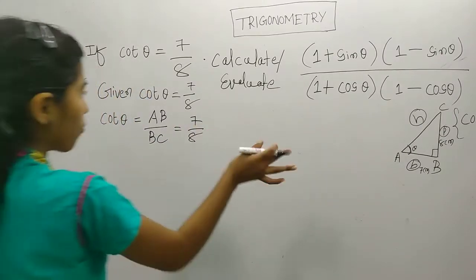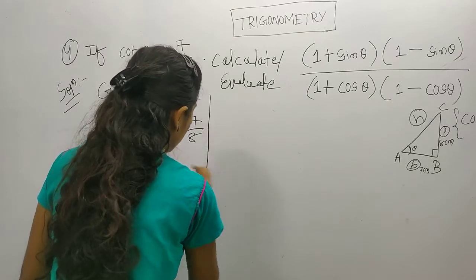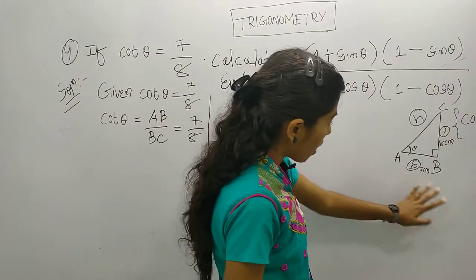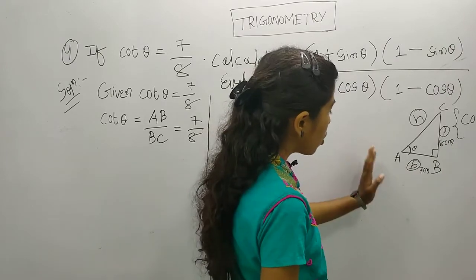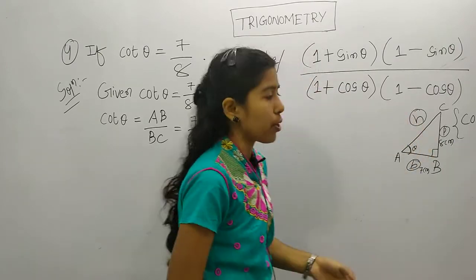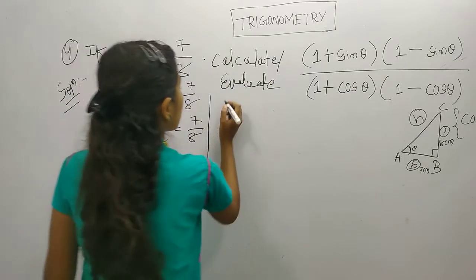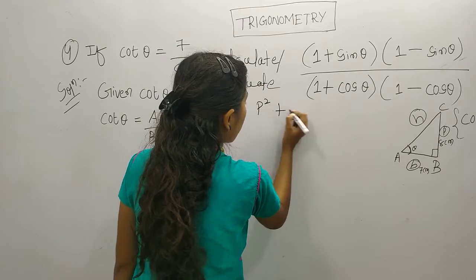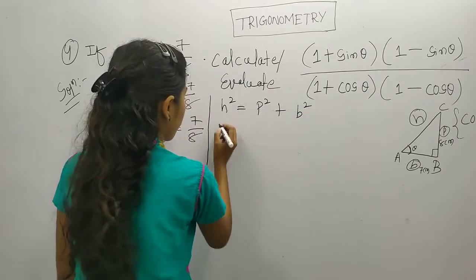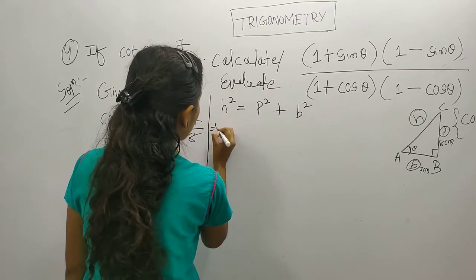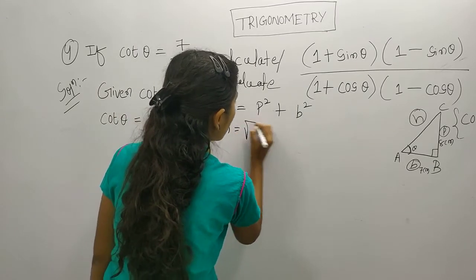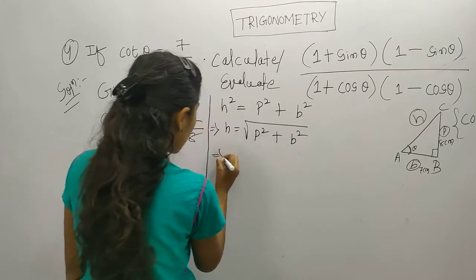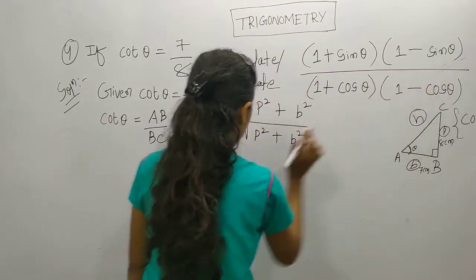Now we have to look at the triangle, which side is missing. Here perpendicular is given as 8 cm and base is given as 7 cm. So we have to find the hypotenuse. See, H square equals P square plus B square. So H equals root of P square plus B square. Which is the hypotenuse side? AC.